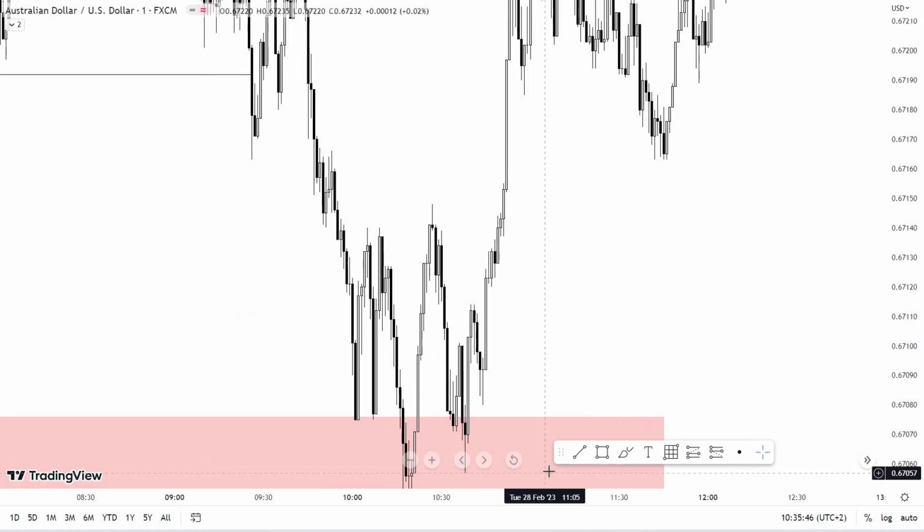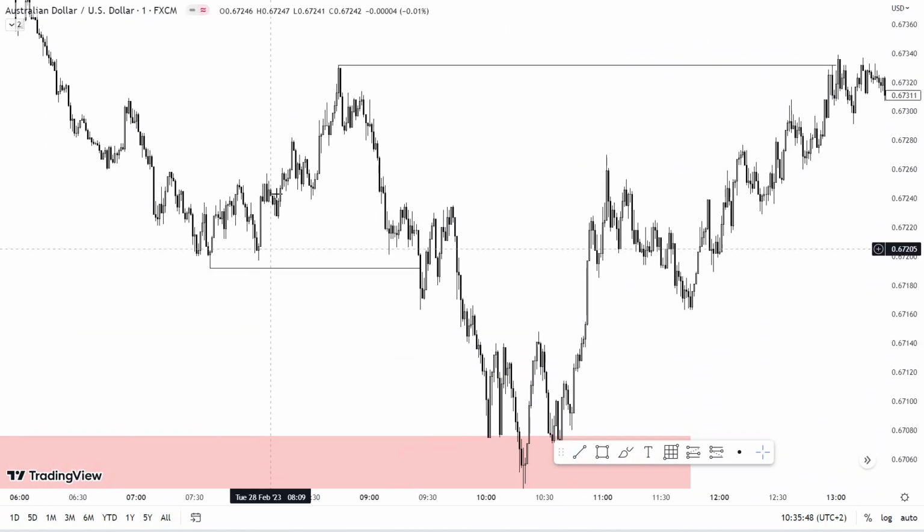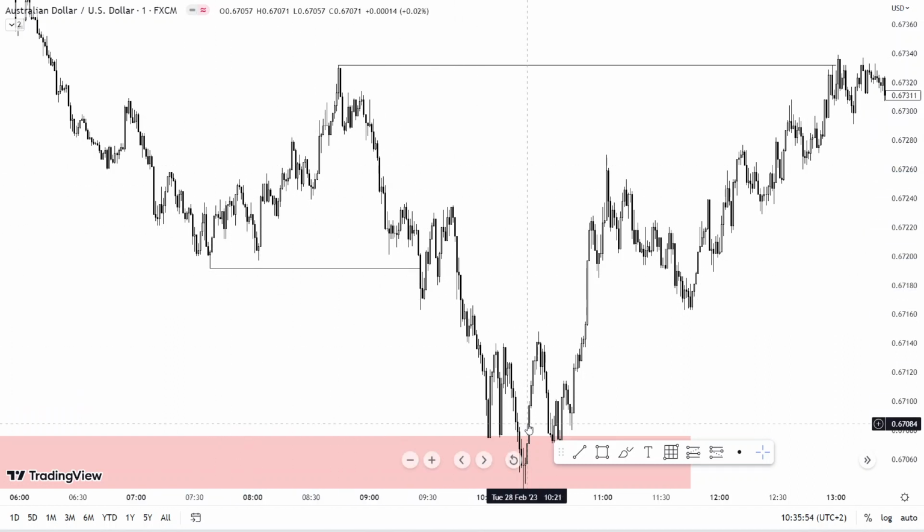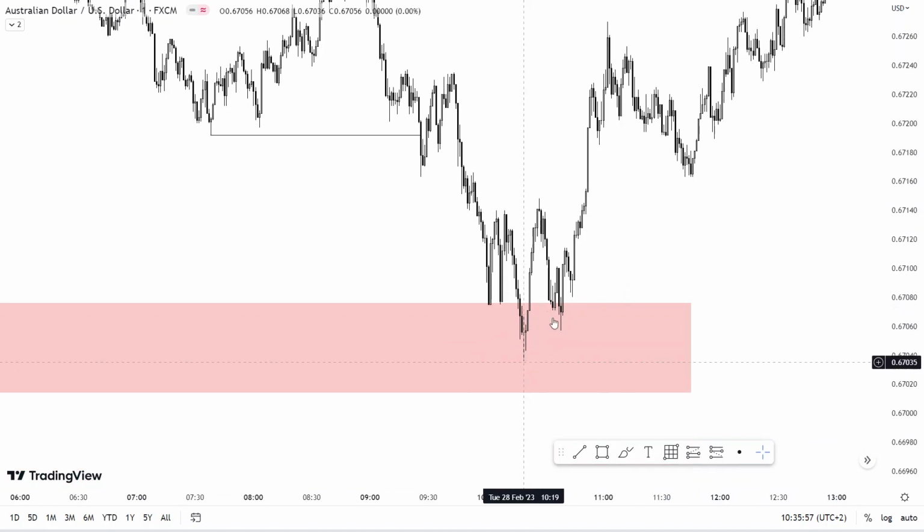So that's the low that we wanted to see on a higher time frame. I think it was on the M30. This was the M30 low. We traded below it and then traded higher once we traded into our buy area.